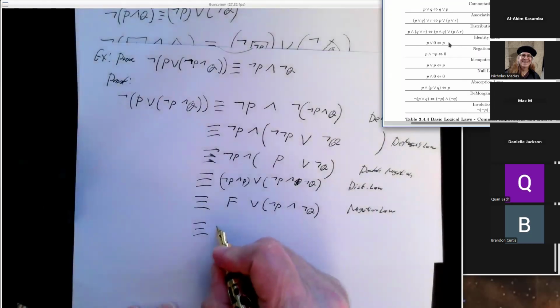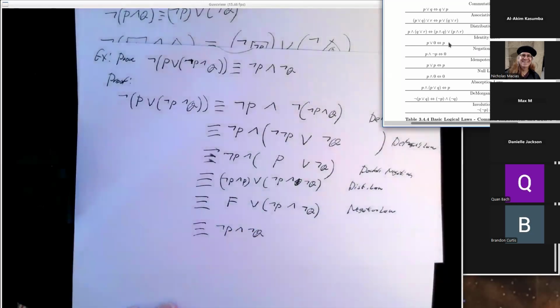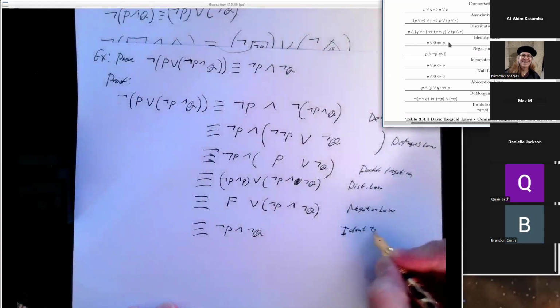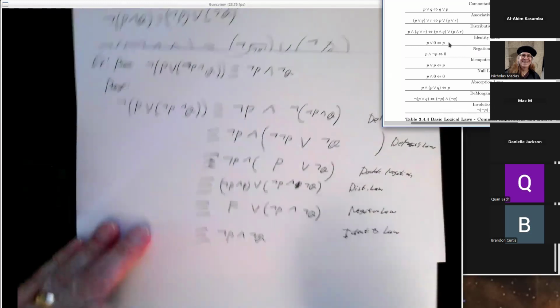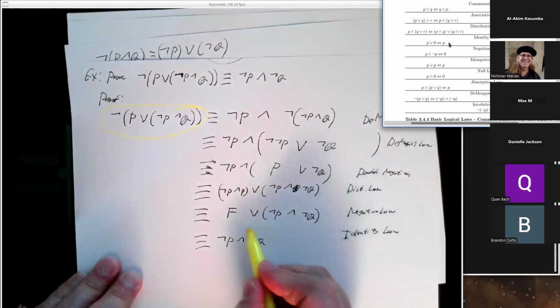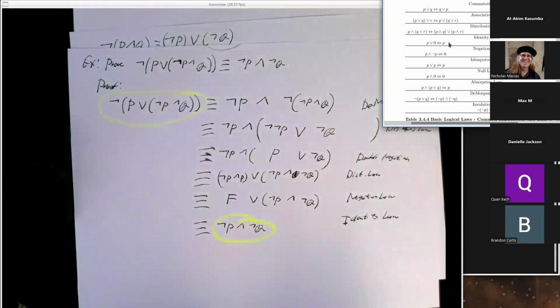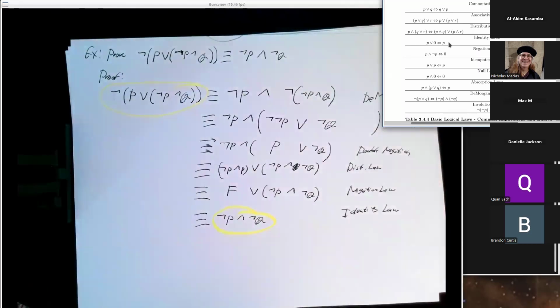So this is equivalent to not P and not Q. That's the identity law. And so, hey, what have we done with all of this? We have proven that this is logically equivalent to that. And that's what we were trying to prove. We were trying to prove that's logically equivalent to that.